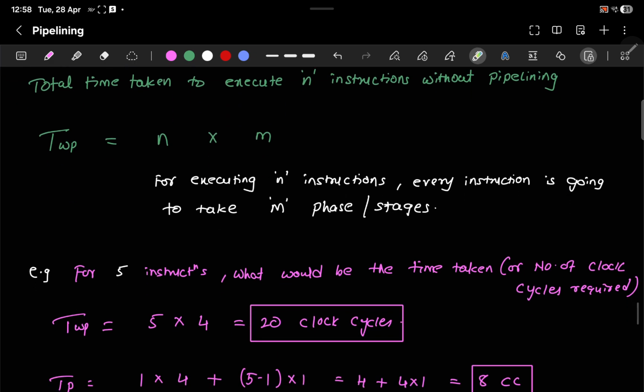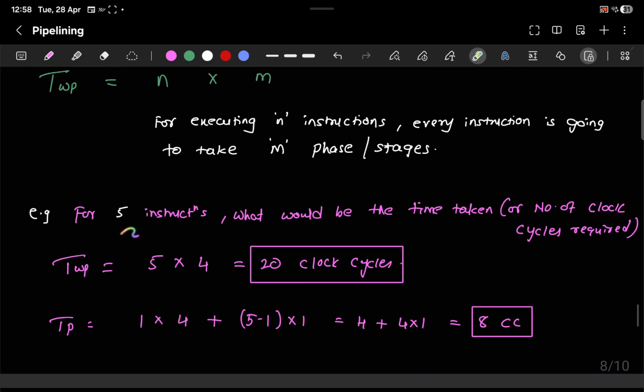Okay, let's take one example. You will understand better. For 5 instructions, how many clock cycles are going to be taken? Without pipelining, 5 into 4: 5 instructions, each instruction takes 4 clock cycles, so 20 clock cycles. But with pipelining, can you improve it? Let's see. The first instruction will take 4 clock cycles.